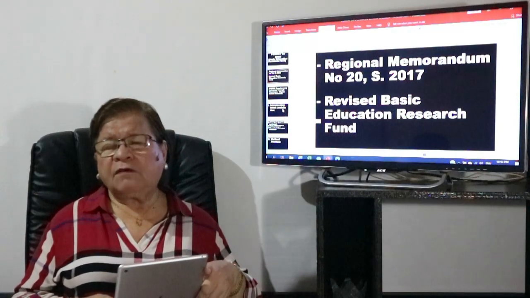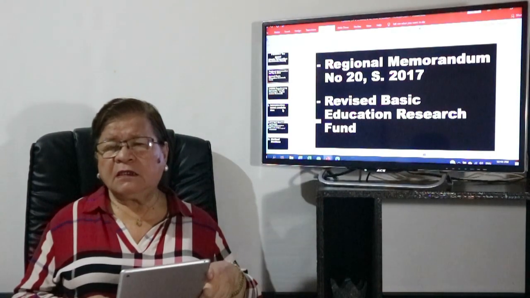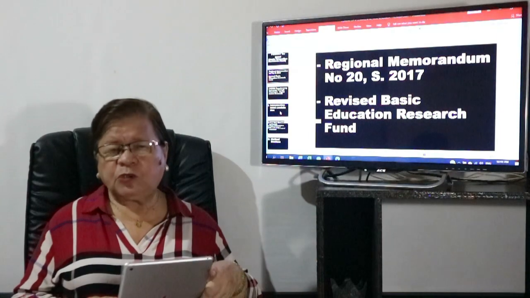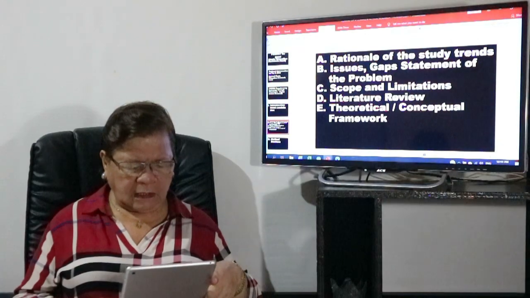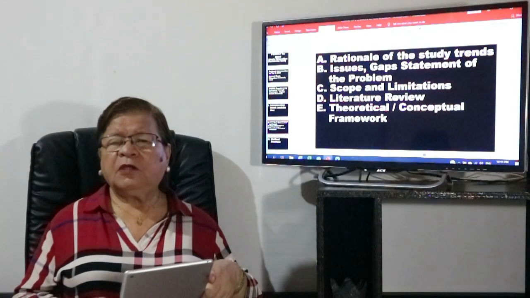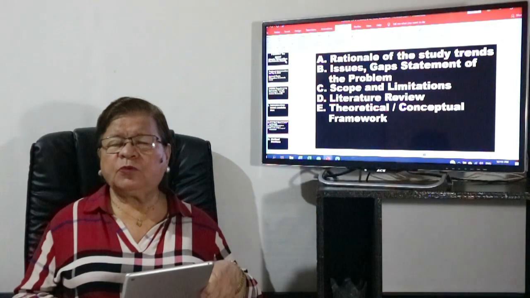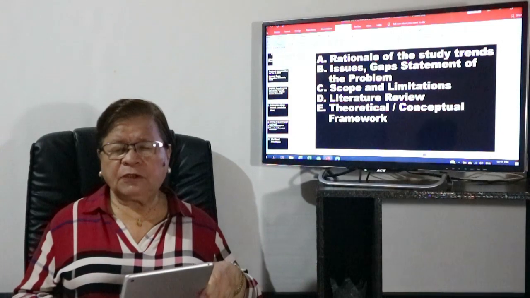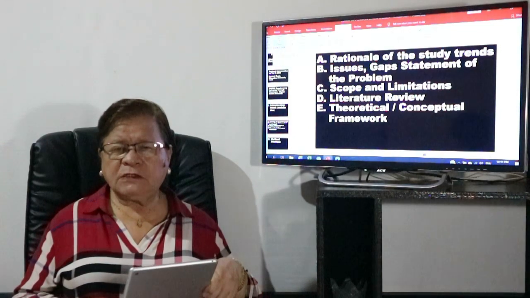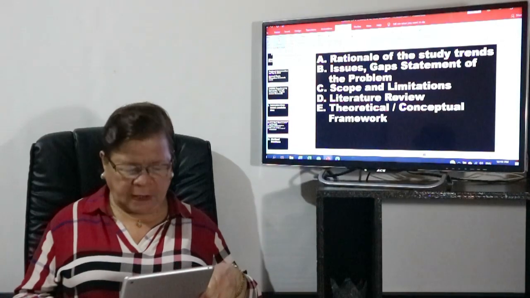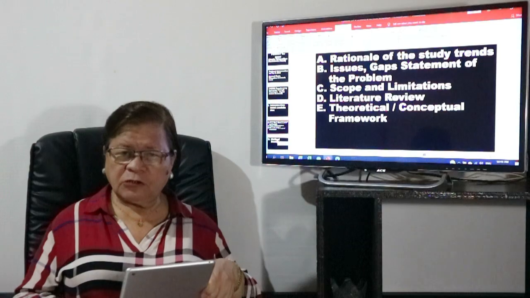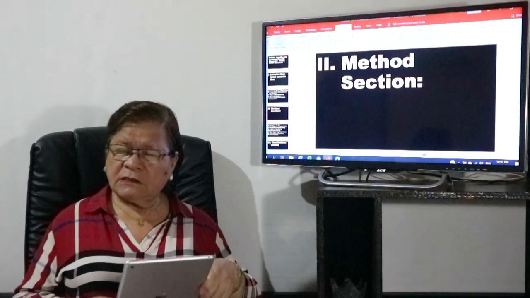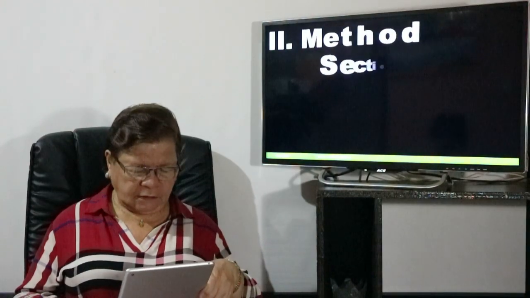So you will have at least 3 theories or educational theories to be enumerated under this theoretical and conceptual framework before you draw the structure, or what we call the flow of the research, or your research paradigm. Second here is the method section. Otherwise, this is actually the methodology in thesis and dissertation also.